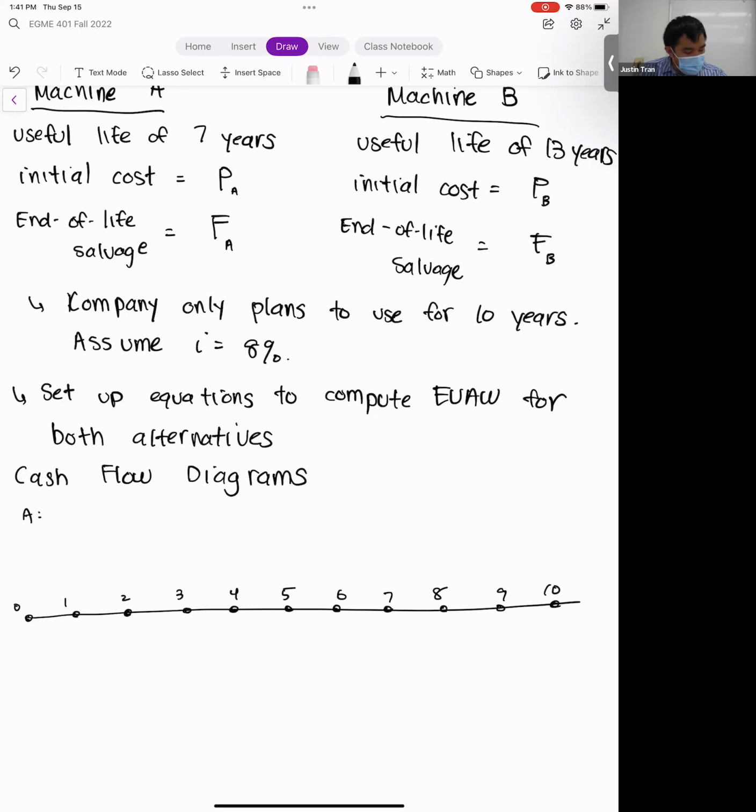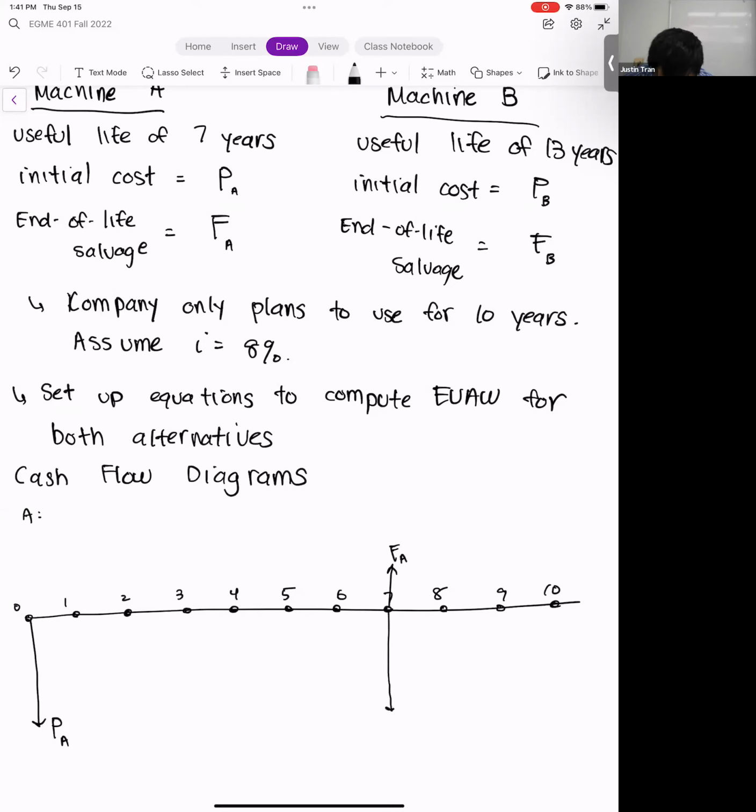All right, so we have a useful life of 10 years. And so we know that initially we have to make our initial purchase. And so this is going to be P sub A right here. Okay. And then machine A is going to last 7 years. And so in year 7, we're going to salvage the first machine. And so call this F sub A.